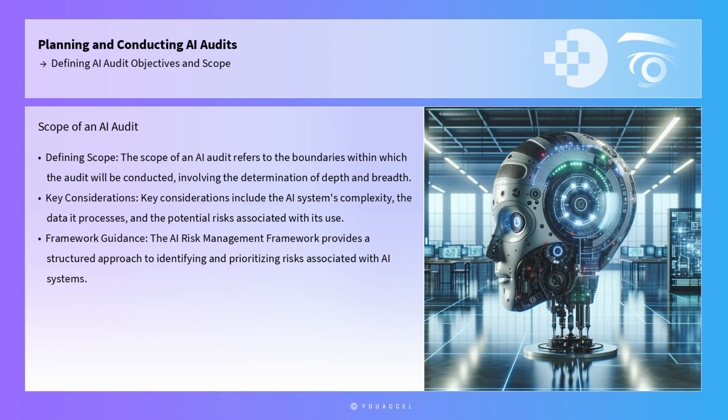The framework for defining scope can be guided by the AI Risk Management Framework, which provides a structured approach to identifying and prioritizing risks associated with AI systems. This framework assists auditors in pinpointing the most significant risks and vulnerabilities, ensuring that the audit addresses these critical areas.